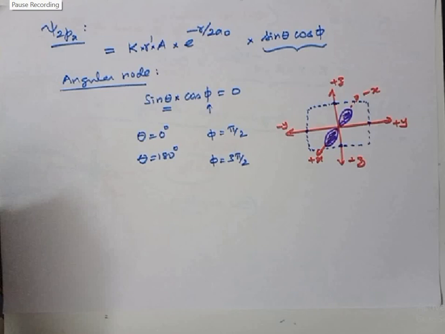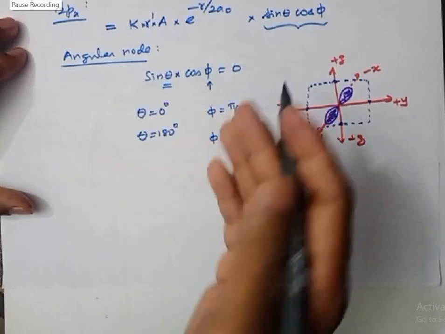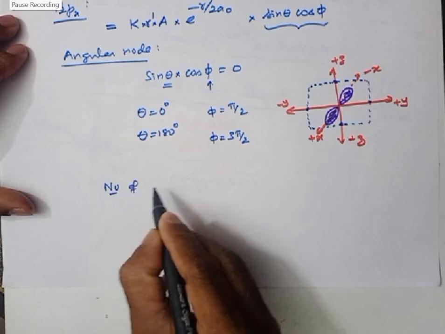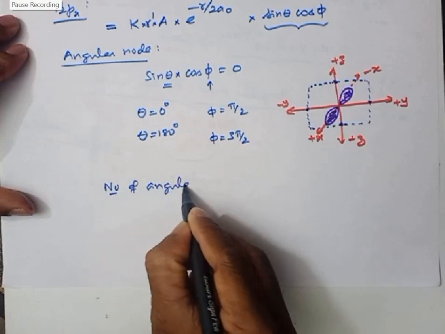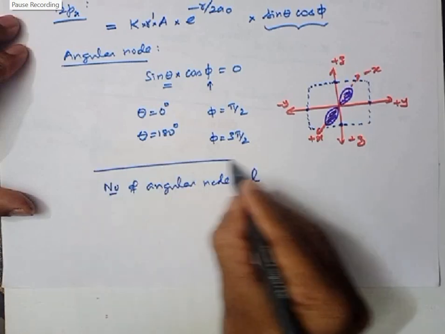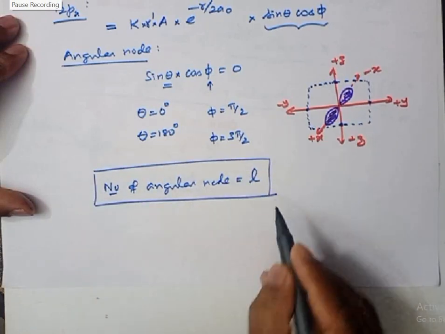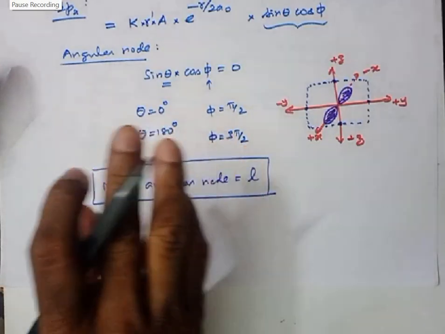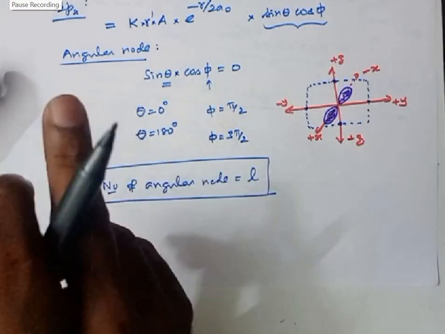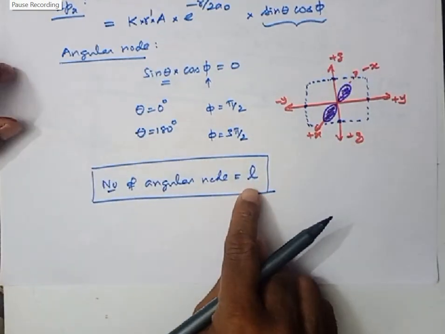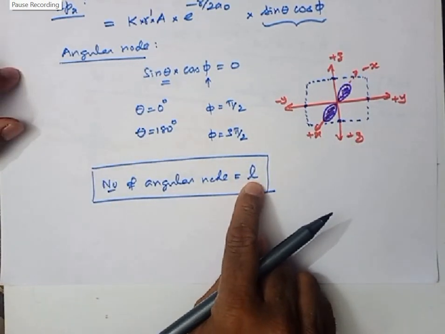Or this formula you might have seen in your lower class itself. The number of angular nodes is equal to the value of L. The L value will give you the number of angular nodes.